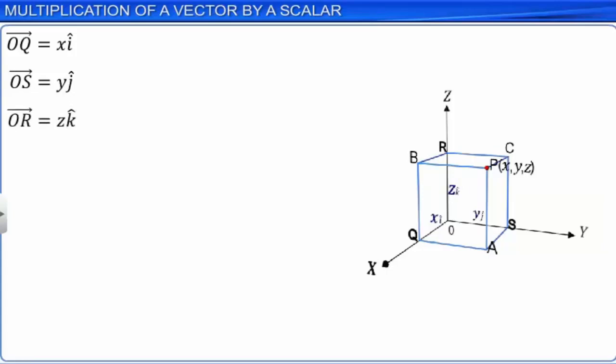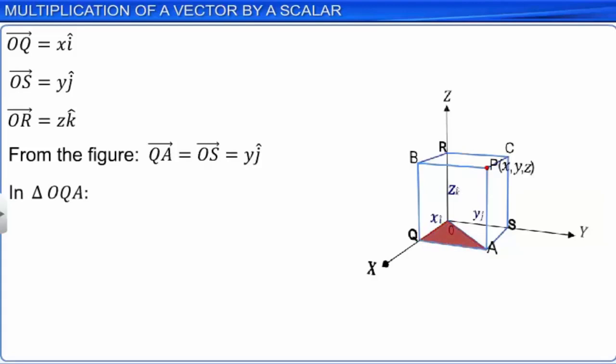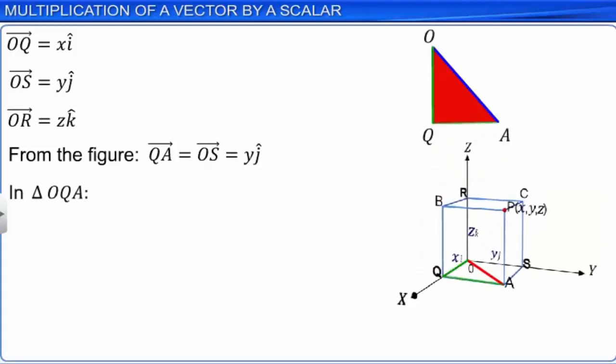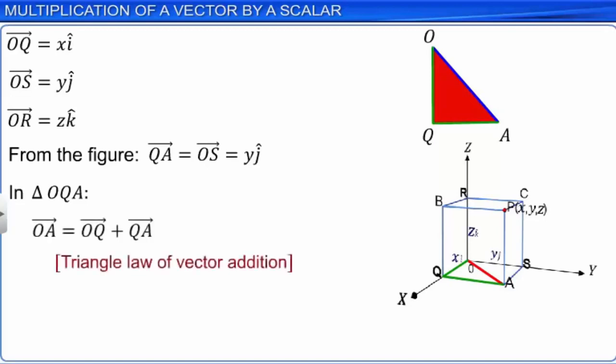From the figure, we have vector QA is equal to vector OS, that is, y into unit vector j. In triangle OQA, vector OA is equal to vector OQ plus vector QA. Thus, vector OA is equal to x into vector i plus y into vector j.